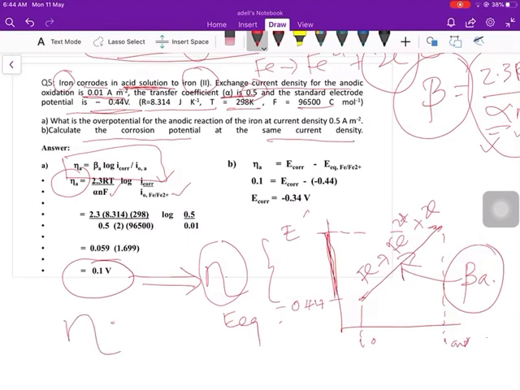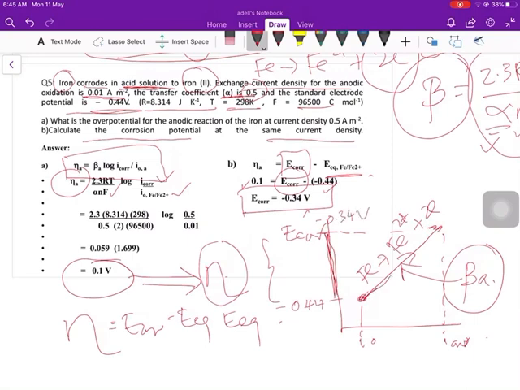So for B, calculate the corrosion potential at the same current density. So for this equation, overpotential, there is E corr, and E equilibrium for that metal. You know this, and you also know the overpotential. You can get E corr.